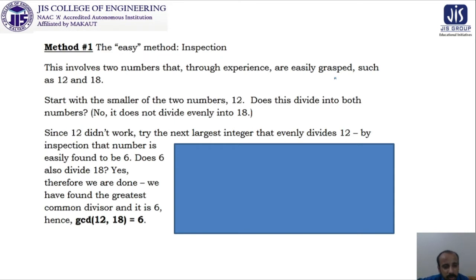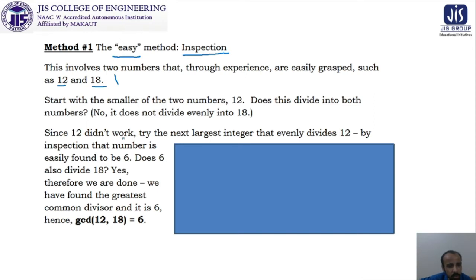Now, as our target is to find the GCD, our method 1, which we have termed the easy method, is inspection. So you are taking 12 and 18. Please observe that we have taken two very small numbers, and between these two, we are taking the smaller one, and we are checking whether it divides both numbers.